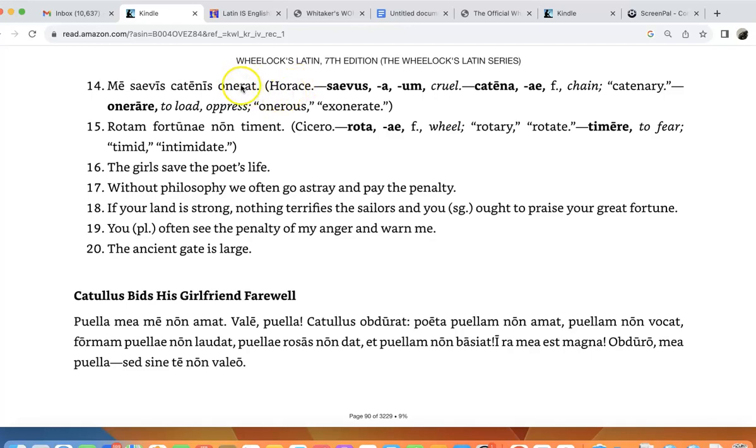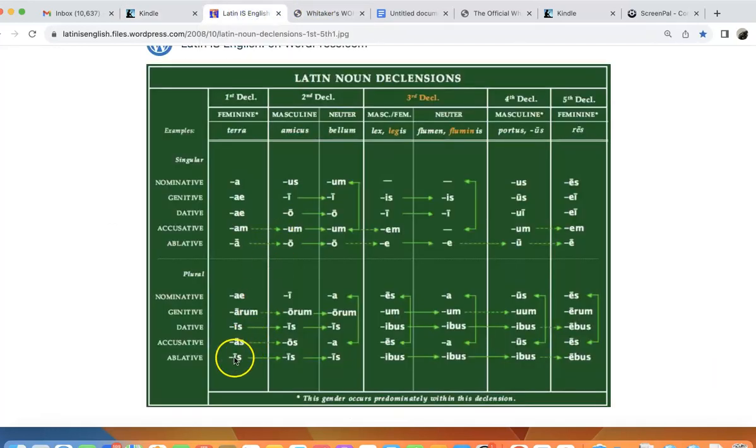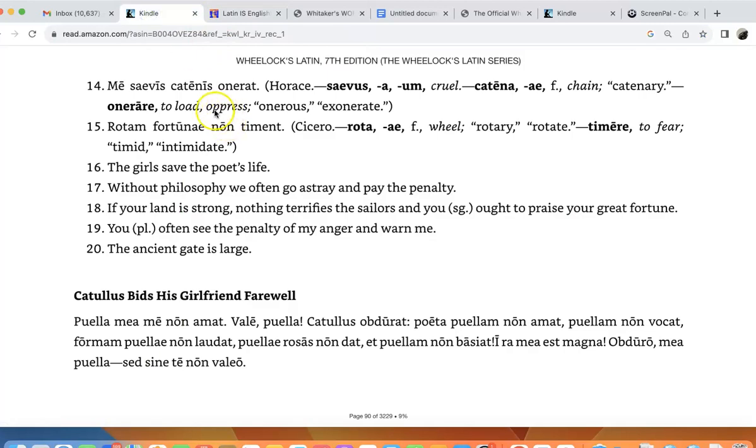Now, Horace is talking about this, that sometimes, the way we treat one another metaphorically, we keep them in a state of bondage. So he oppresses me with, or it could be by as well. This one's a little bit trickier because it is in the ablative, because ablative generally means how. So there's the ablative right there. So he oppresses me with cruel chains.